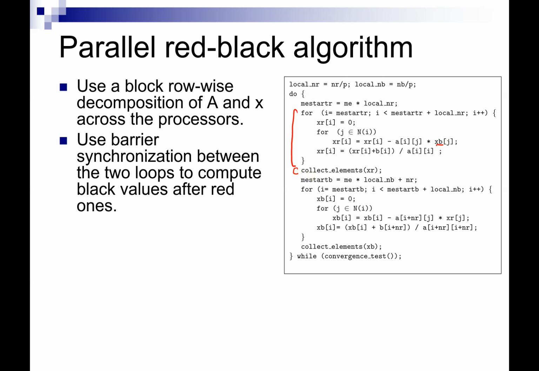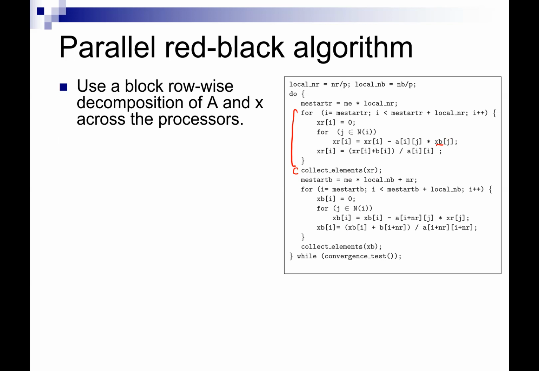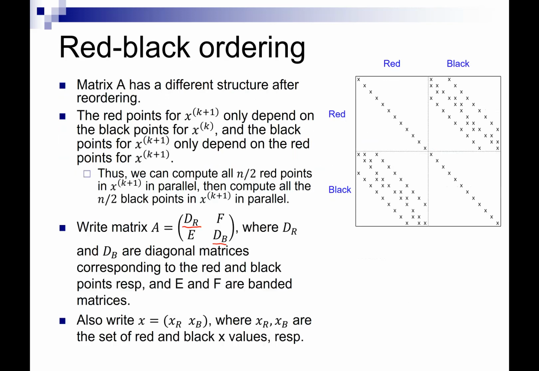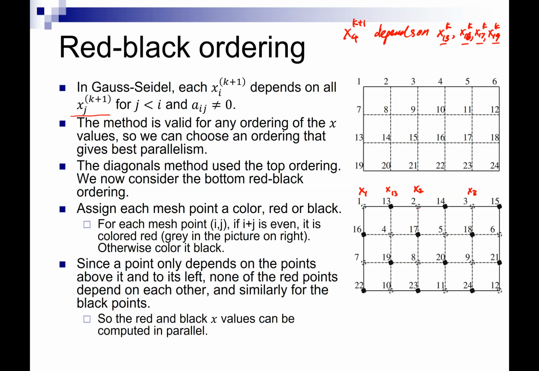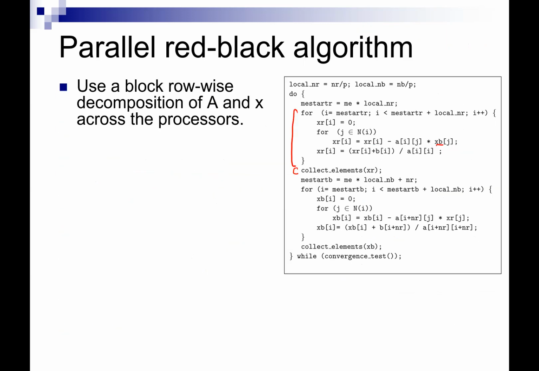Right, so this collect elements here is going to include a barrier, and after you compute these values, you need to distribute them to these black points. Okay, so collect elements is also going to do that communication step. And then finally, we're going to do all of the black points in parallel. Okay, so here are the black points, and they're going to depend on these red values.